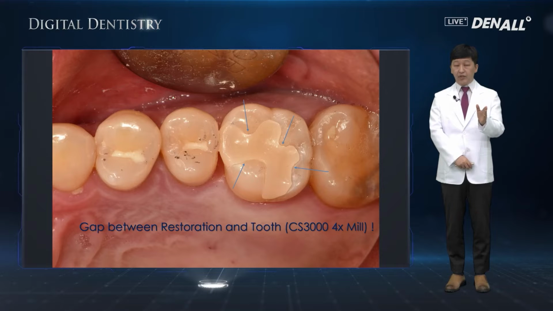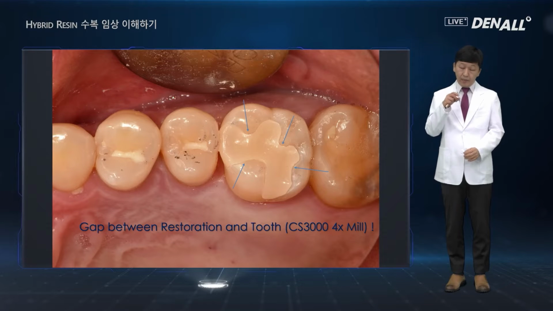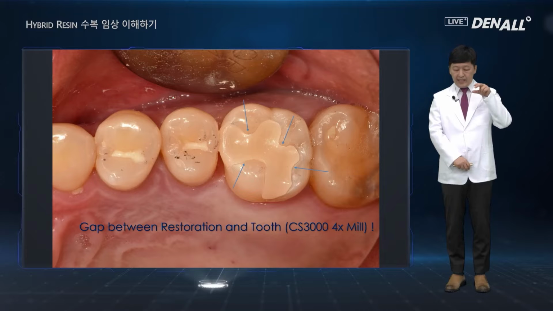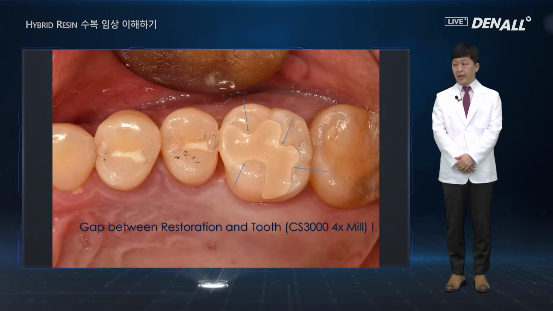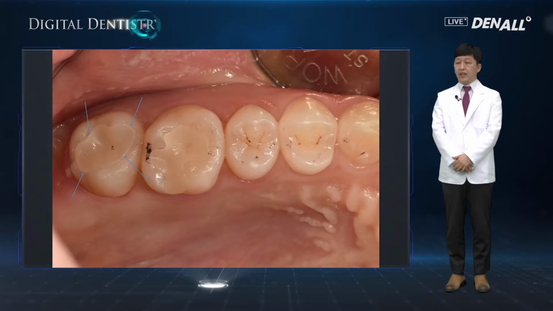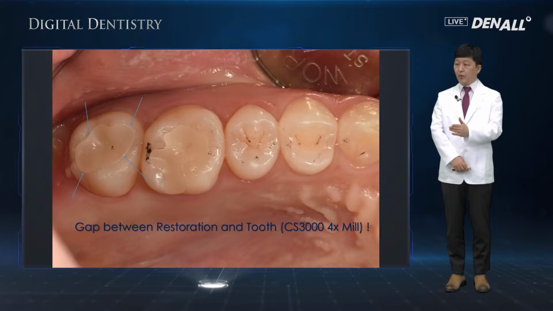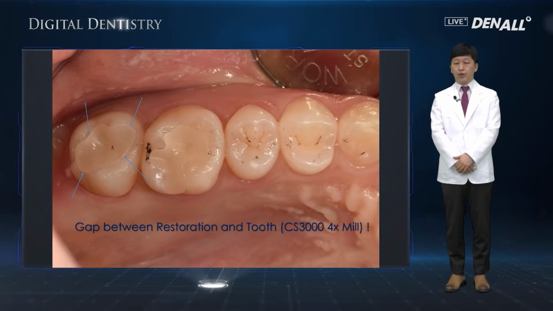Either you need to do undermilling or overmilling. However, if you do undermilling, the inlay will not be able to be placed, and therefore, in order to set the inlay, overmilling is done in general, and therefore a gap is formed. This is the same with this case. Between the inlay and the prep tooth, there is a gap, and this gap used to be filled with resin cement.